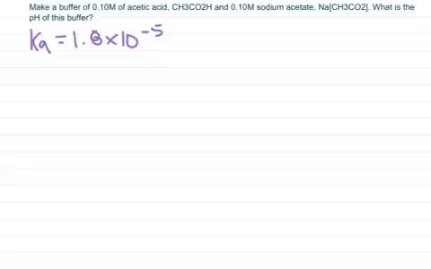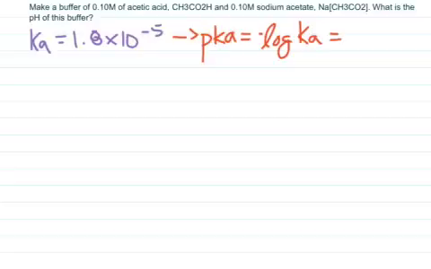Because I'm using the Henderson-Hasselbalch equation, I know I need to find the pKa. So to do that, I take the negative log of that Ka and I get 4.74. Now remember sig figs. If I have 2 sig figs in my concentration, I need 2 sig figs after the decimal point.